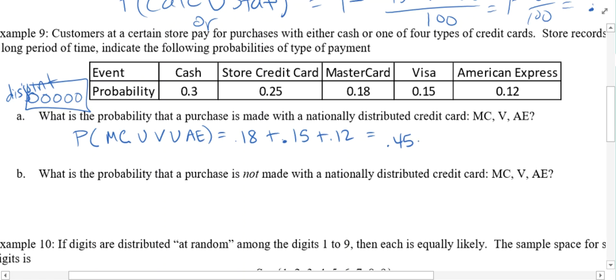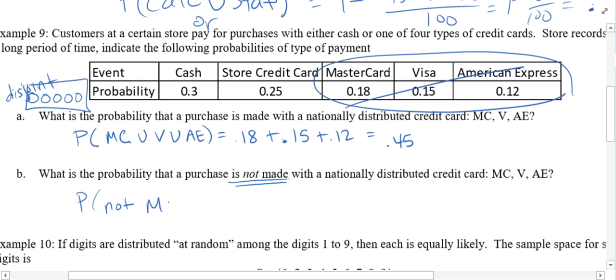What is the probability that a purchase is not made with a nationally distributed credit card? Okay, so not one of these. There are 2 ways you can solve this. You can either sum up the other probabilities that are not included in this section, or, to write it out, the probability that's not MasterCard or Visa or American Express.